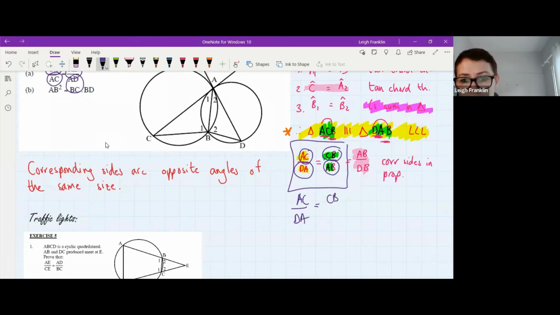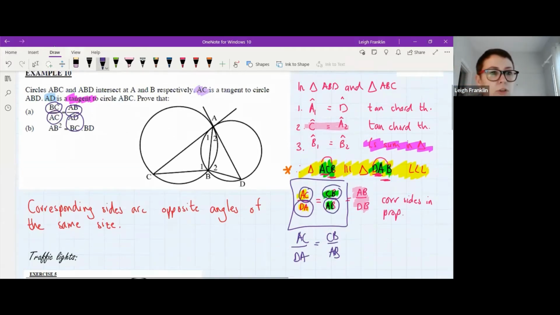equals CB over AB. Now we just need to manipulate this so that it looks identical to our question. Here we've got BC in the numerator and we've got AC underneath. So that means that we need to interchange AC with AB.